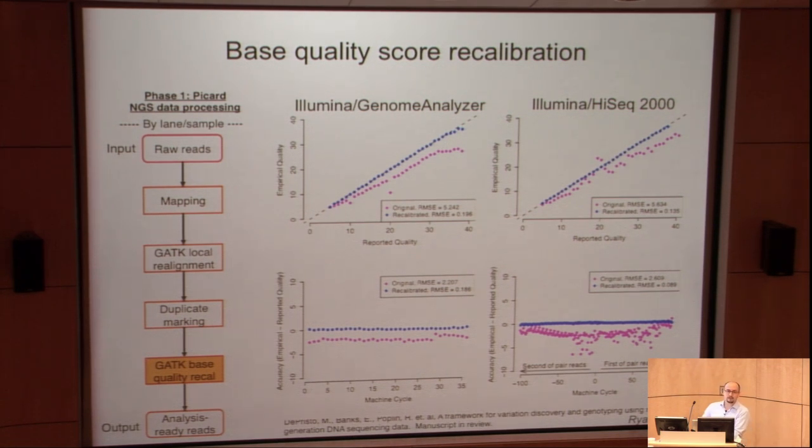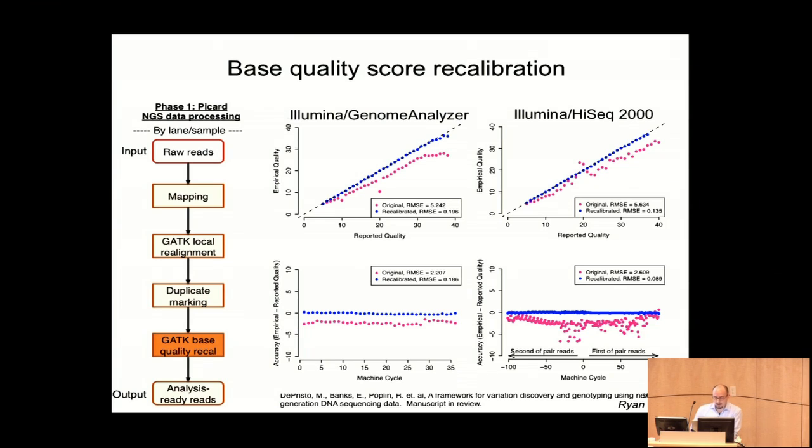We have tools that not only will fix the empirical relationship, but also attempt to correct out covariates, things like the cycle of the machine. The cycle that the base was read in on the machine is a major determinant of the accuracy of the estimate. And so this base quality score recalibration is something that we've been developing for a long time, and it is a fairly popular tool now. And it's automatically run at the Broad. So your data would look like the blue lines, not the red lines, if you're using Broad-generated data.